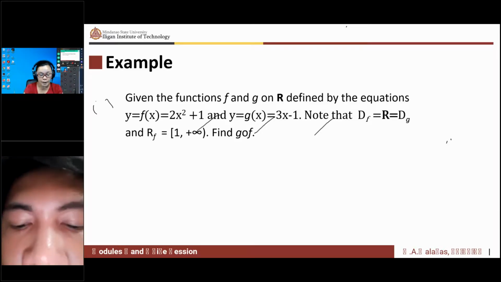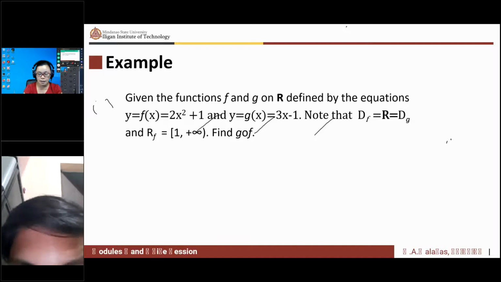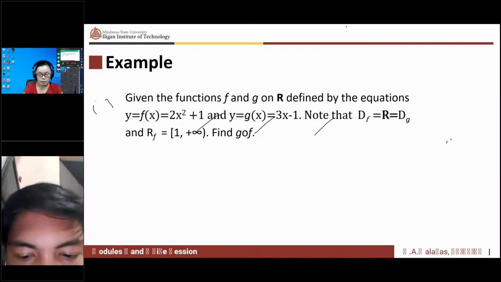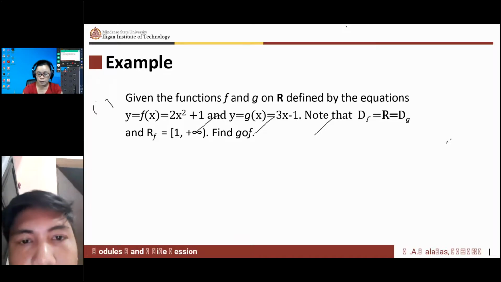Example: given the functions f and g on the set of real numbers defined by the equations y equals 2x squared plus 1 and y equals 3x minus 1. What is the domain of f? As you can see, it's the set of real numbers because it's defined for all real numbers, and the domain of g is also the set of real numbers.